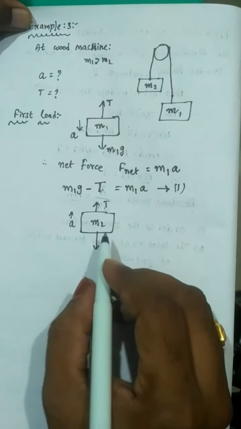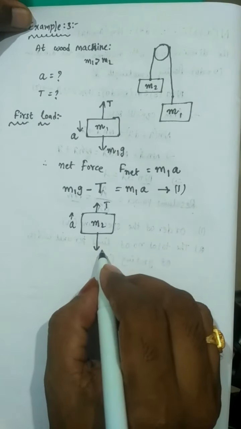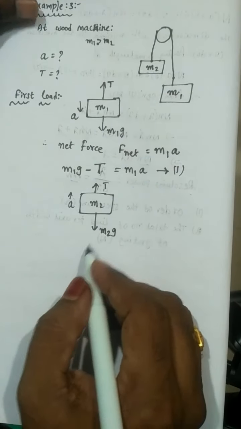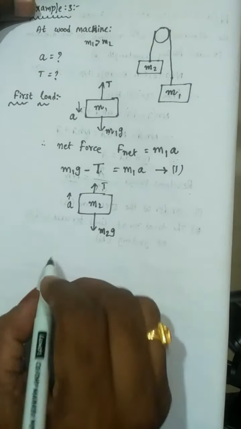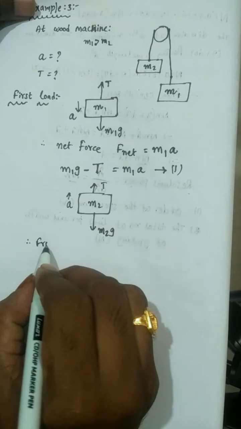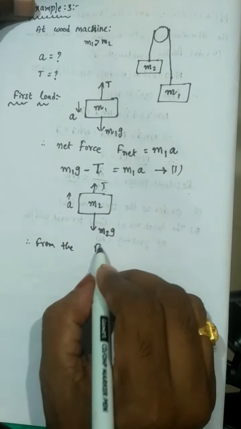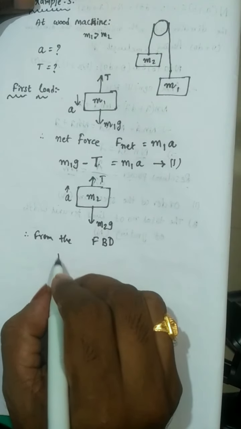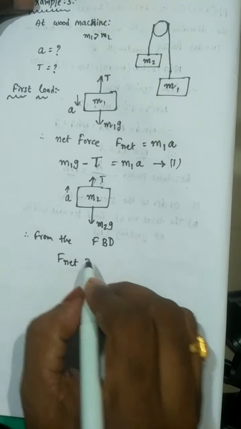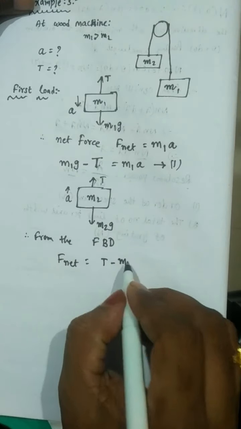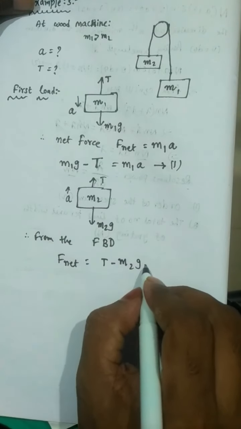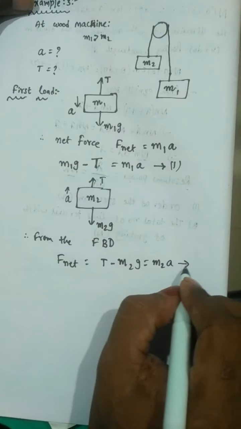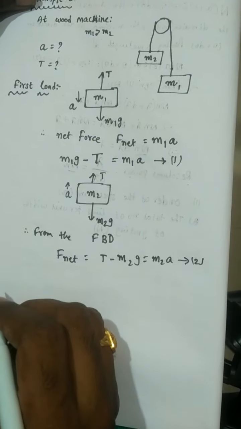Here also two forces are acting: the tensile force and the gravitational force, which we may call weight. From the free body diagram, the net force is F net equals T minus m2g, which equals m2a. This is called equation number 2.